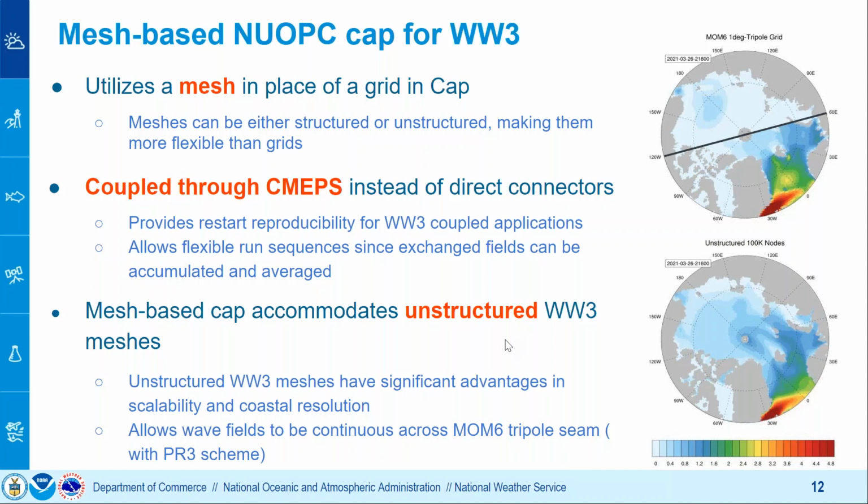And on the bottom, when you use the unstructured grid, you see the field is continuous. And I do want to mention the pole area is masked out. As you know, there's still a singularity issue in WaveWatch 3 when we use the PR3 scheme.